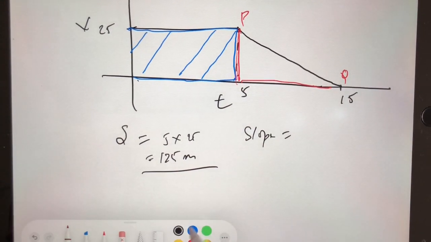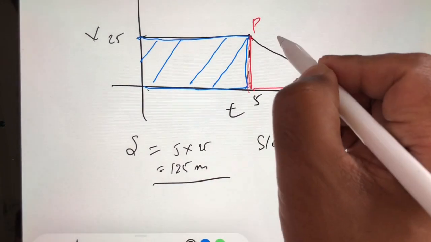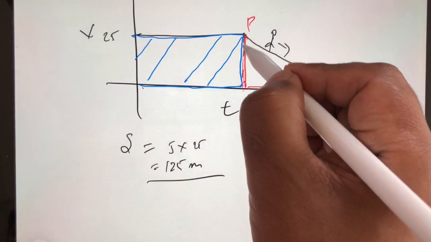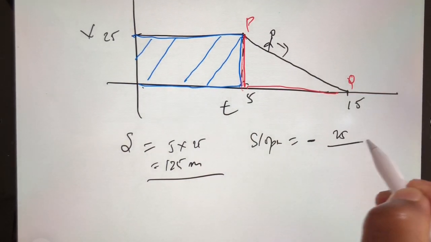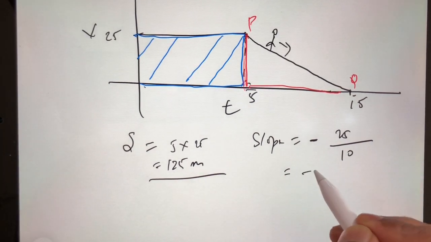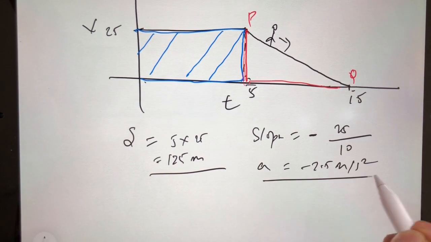So now keeping in mind the slope is such that when I am going down the slope, I am going downhill, I put a negative sign here. So my vertical height is 25 and my horizontal distance here is 10. So that is minus 2.5 meters per second squared, your retardation.